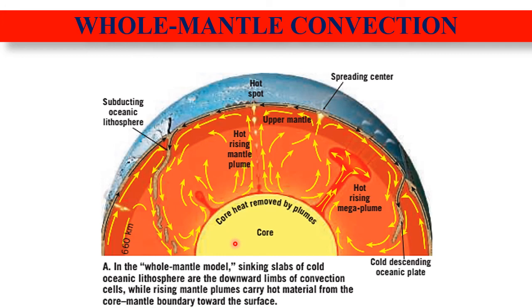So there are two schools of thought on the mantle plume source. One proposes that the source of the magma for the mantle plume is the core mantle boundary, and the other proposes that the source is the upper mantle.